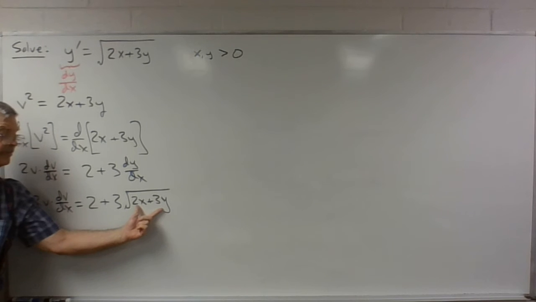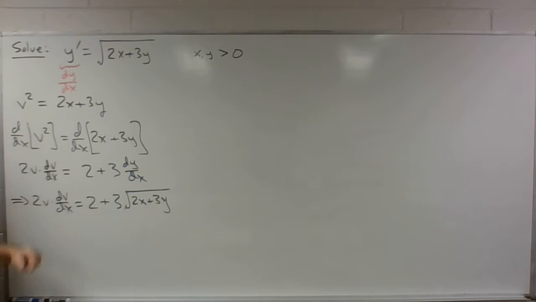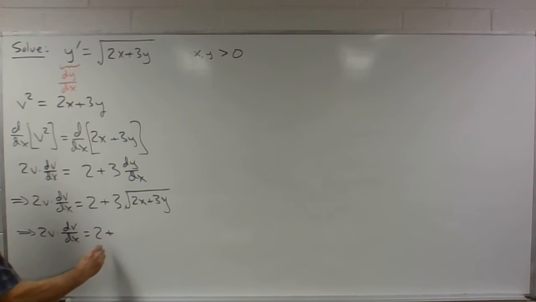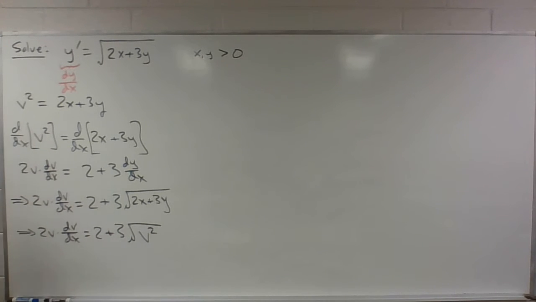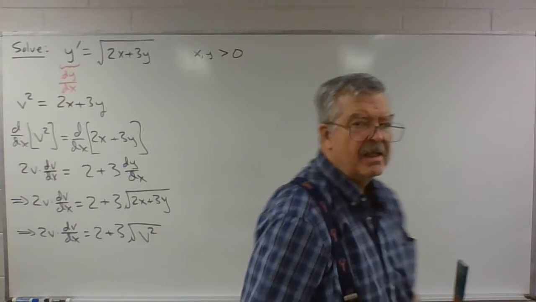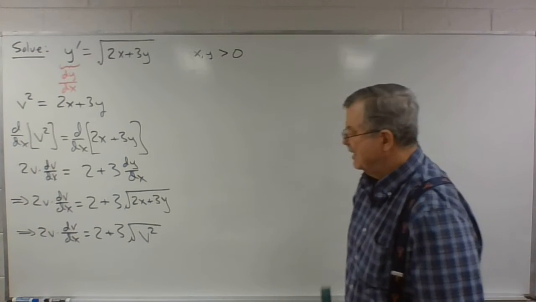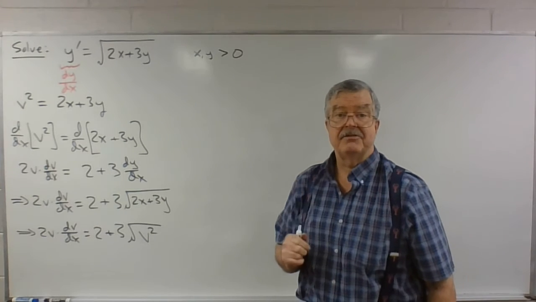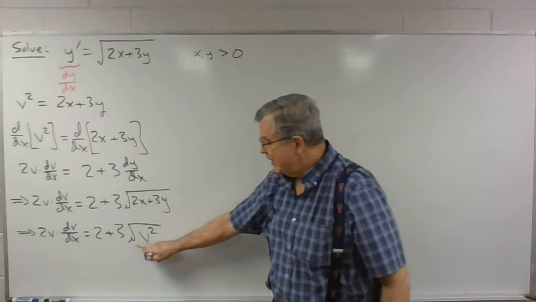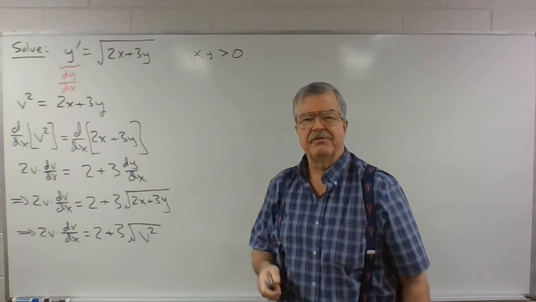Look at the contents of the radical, 2x plus 3y. That's v squared. So I'm going to write this again. Square root of v squared. Technically, that's not v. Square root of v squared is the absolute value of v.